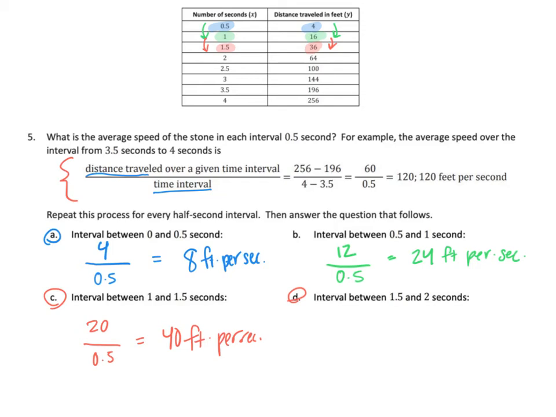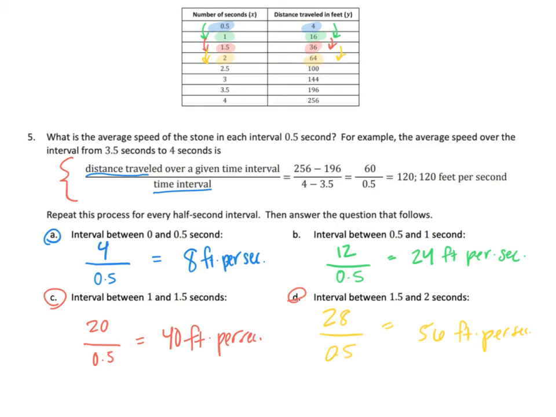The last one, the interval between 1.5 and 2 seconds, we increase by 0.5 for our time interval. And for our distance, we're going from 36 to 64. That is an increase of, let me do it real quick, 28. 28 divided by 0.5 is 56.